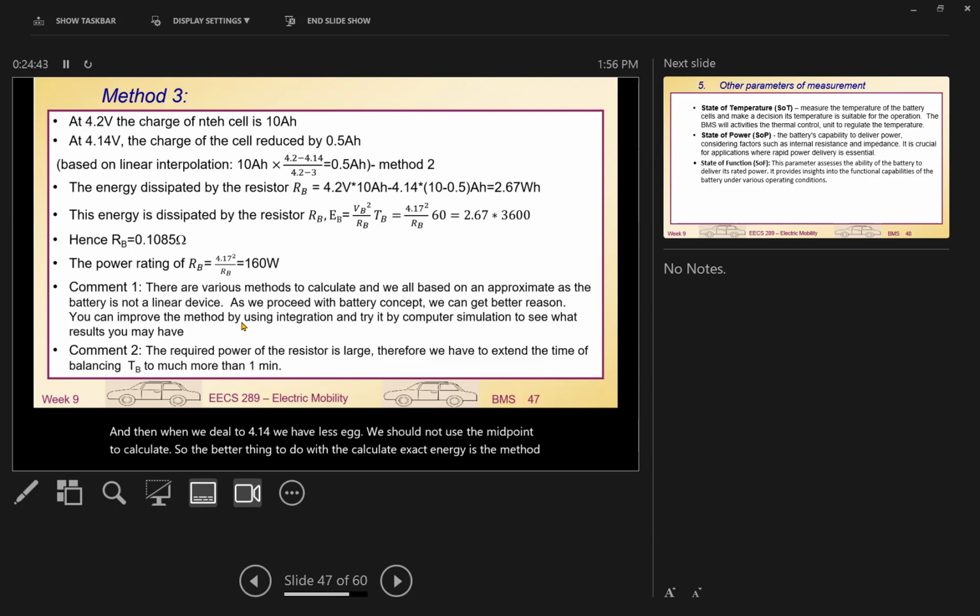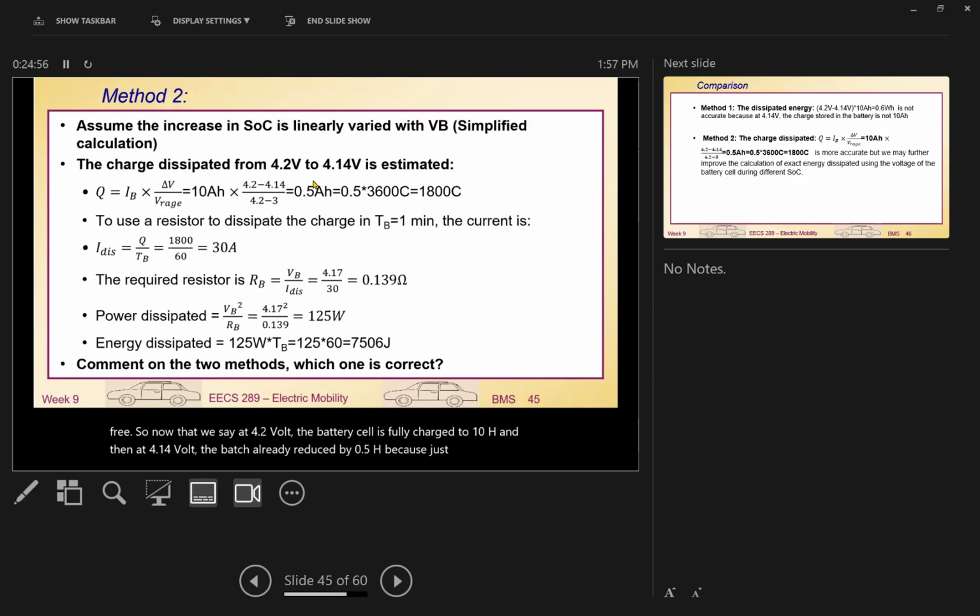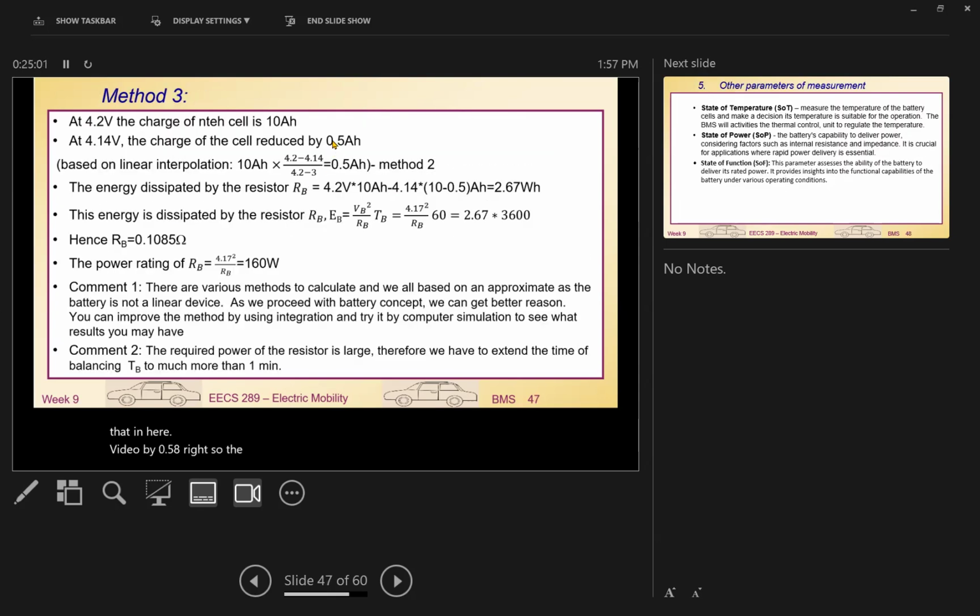So now we say at 4.2 volt, the battery cell is fully charged to 10 AH. And then at 4.14 volt, the battery has already reduced by 0.5 AH. Yeah, just now we can see in here, reduced by 0.5 AH, right? So the actual energy stored will be 4.14 multiplied by how much is being dropped, right? 9.5.